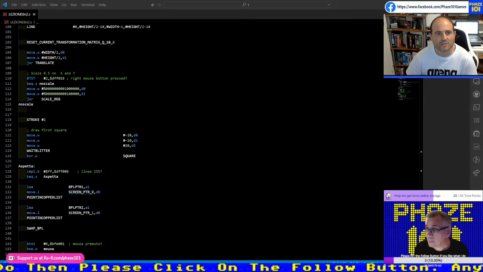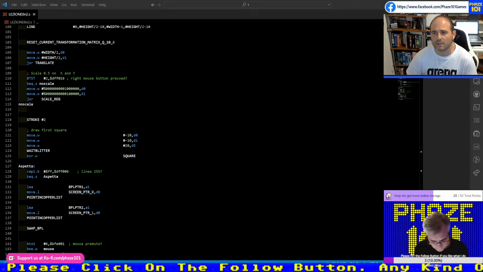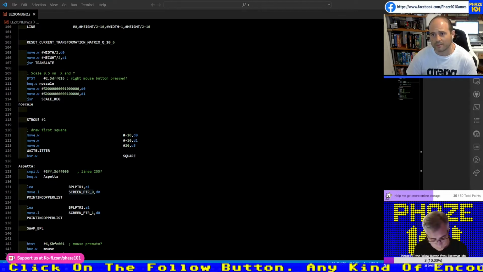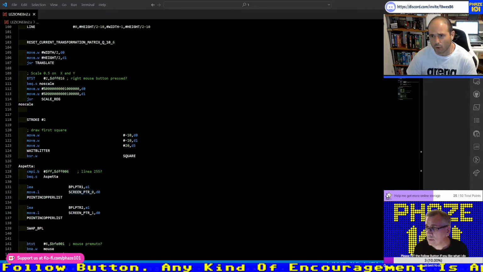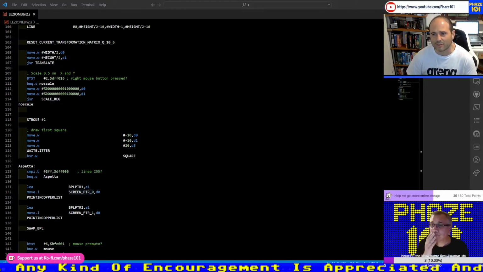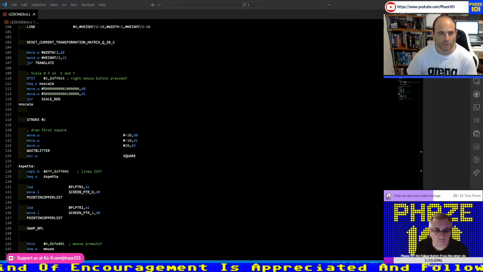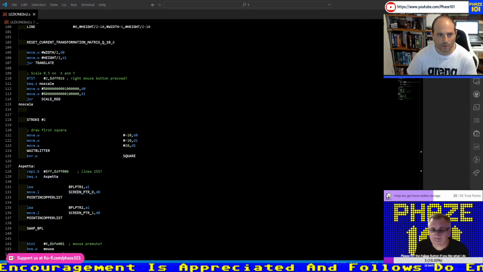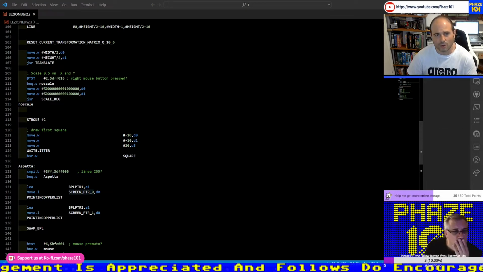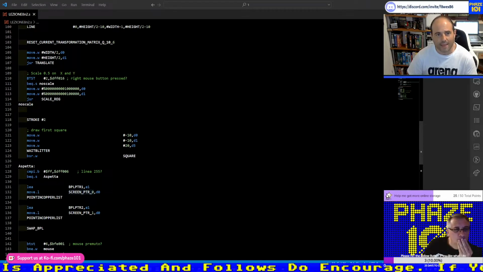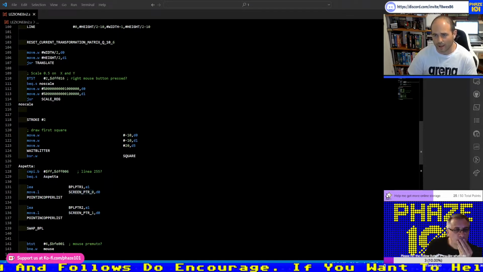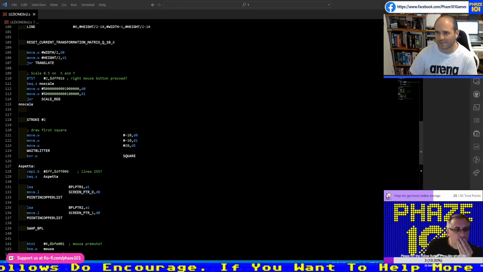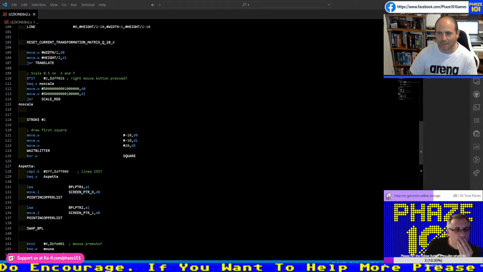And of course, the square is printed at the center of the screen because we just moved the origin with the translate routine before. As you can see, there is a move.w width divided by 2 into d0 and height divided by 2 into d1 and the call to translate. We have already seen all this stuff in the previous episode, so nothing new.